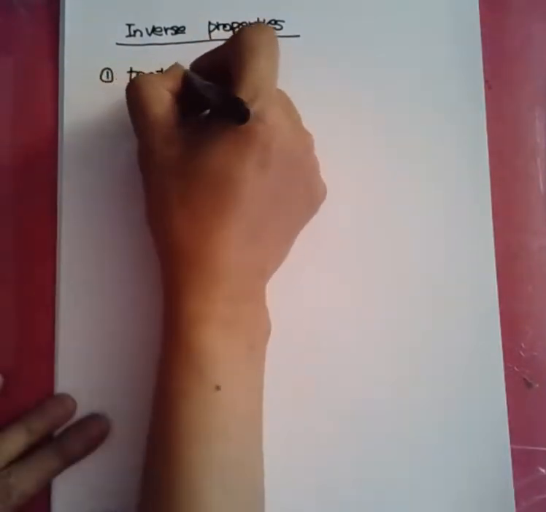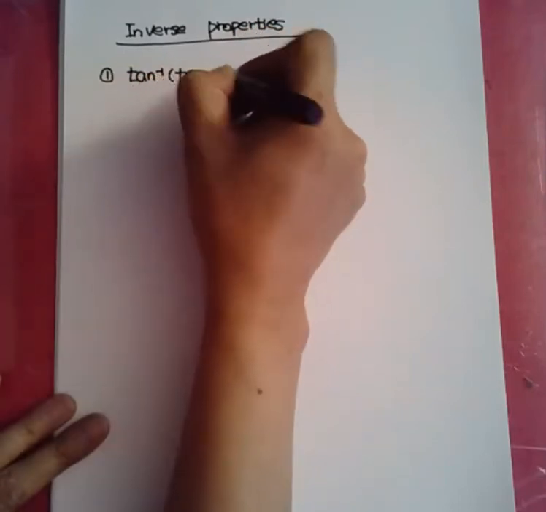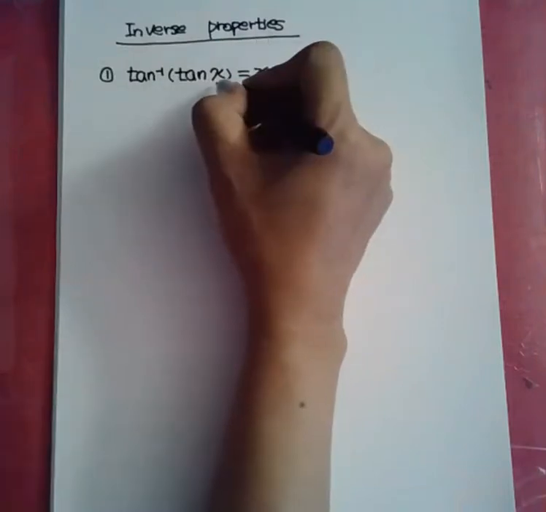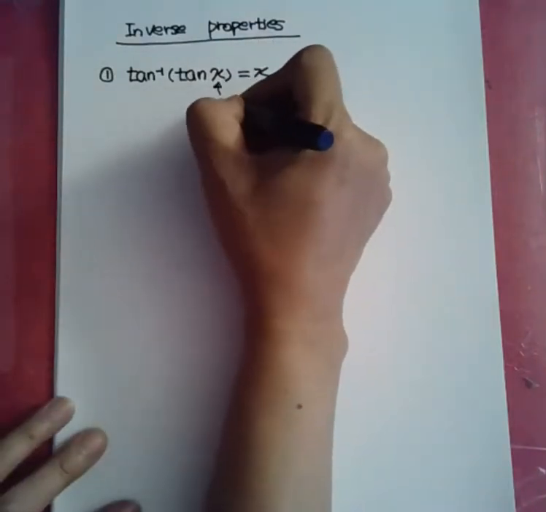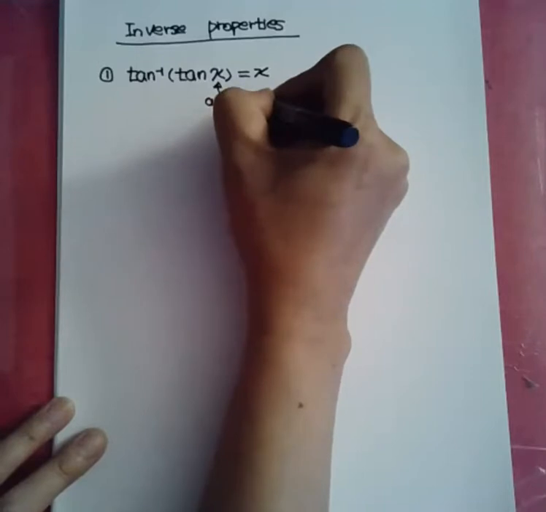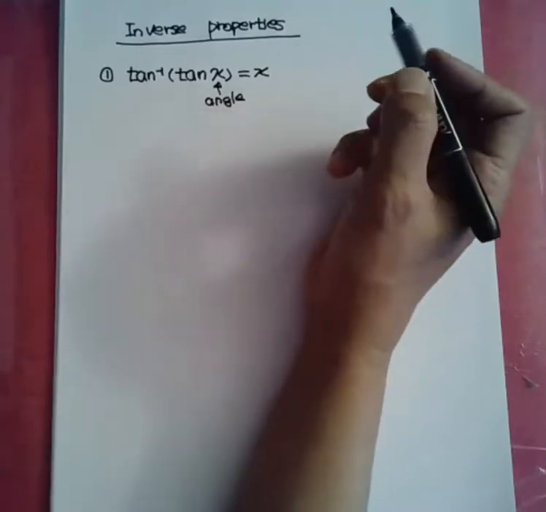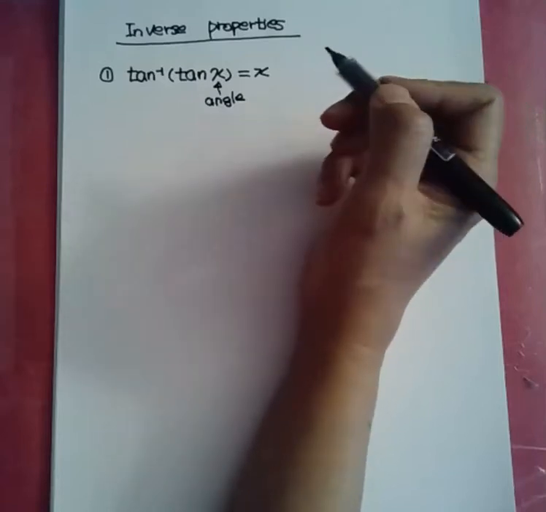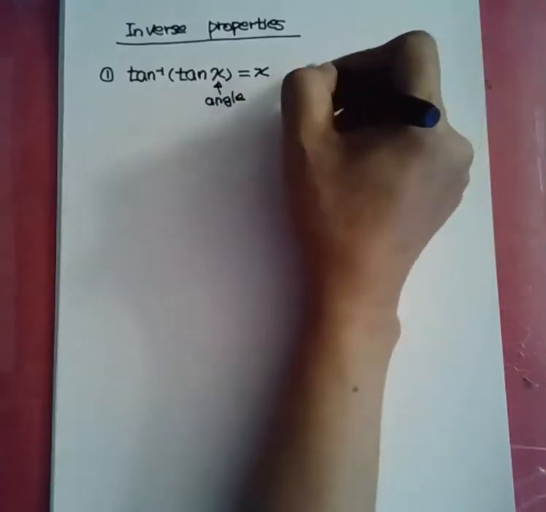Tangent inverse of tangent of x equals x. This time x is an angle. When we define the tangent function, we limited our angle range between minus pi over 2 to pi over 2.